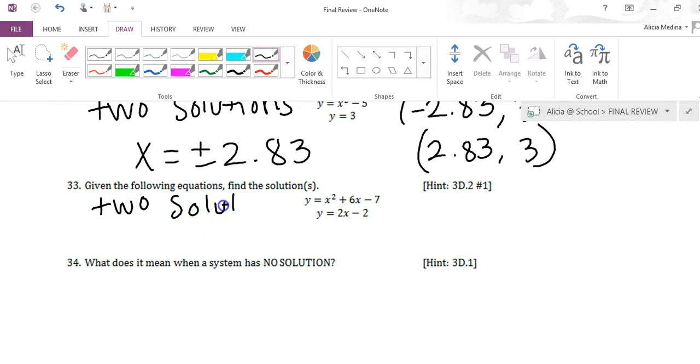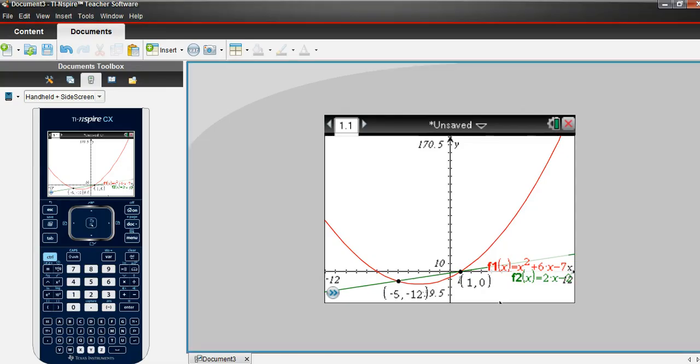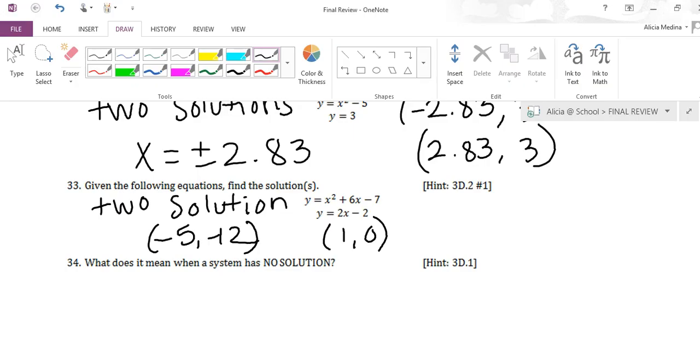What were they? Well, negative 5, negative 12, and the other one was, I believe, 1, 0. Yep, 1, 0. Again, if you are solving these by hand, feel free to set those equal, factor, use quadratic formula. Otherwise, you can use your calculator.